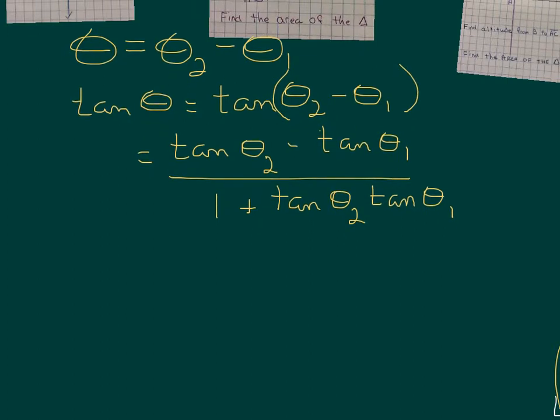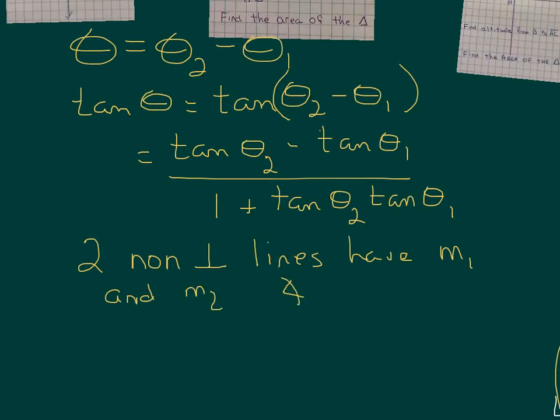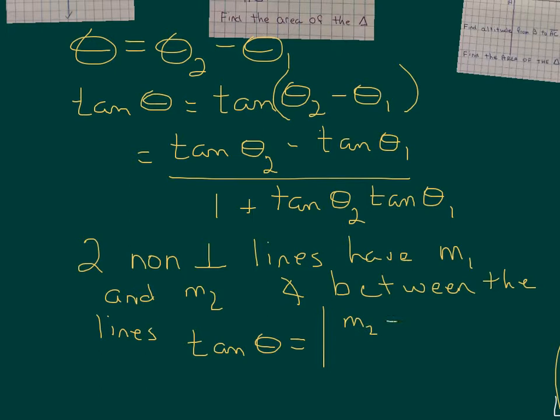If we have two non-perpendicular lines that have slope m1 and slope m2, then we can find the angle between the lines by saying that the tangent of theta is equal to the absolute value of m2 minus m1 over 1 plus m2 times m1.